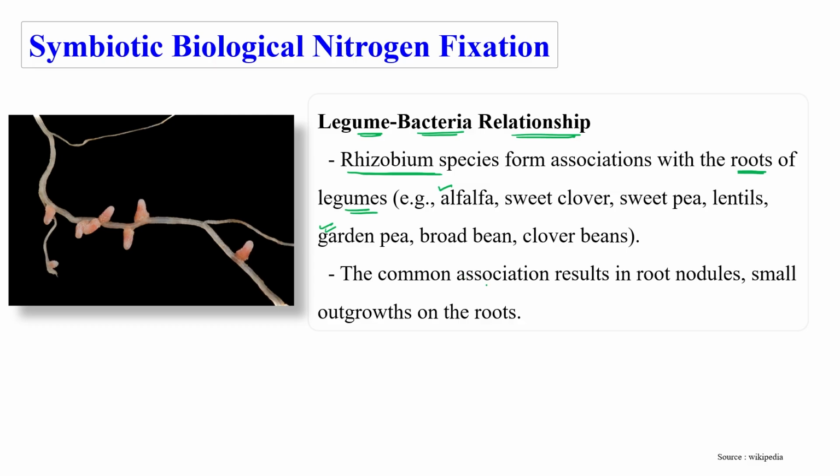This is the common association present in the root nodules, which are shown as small outgrowths of the root. These are known as root nodules, in which symbiotic bacteria are present. Okay.